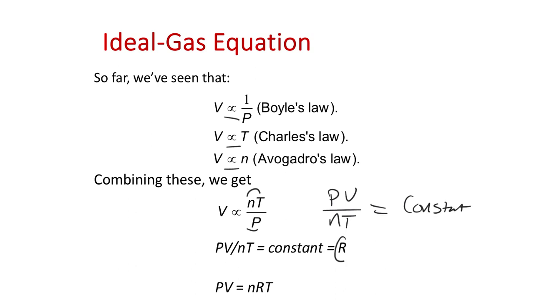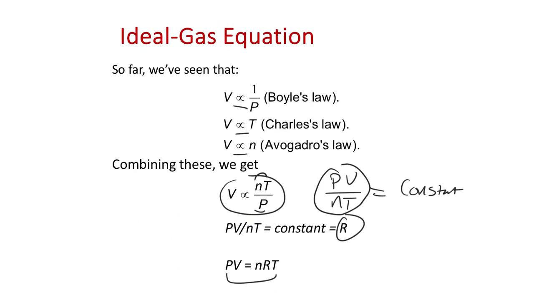That constant is what we call the ideal gas constant. This is just rearranging from this equation over to one side, and then you can rearrange back to the PV equals nRT equation that is probably the form we've seen the most, relating the pressure, volume, quantity, temperature to the ideal gas constant.